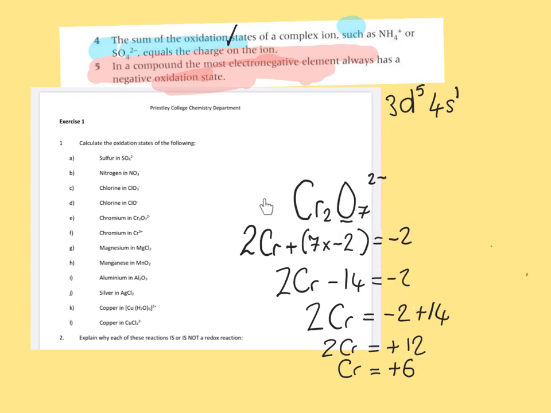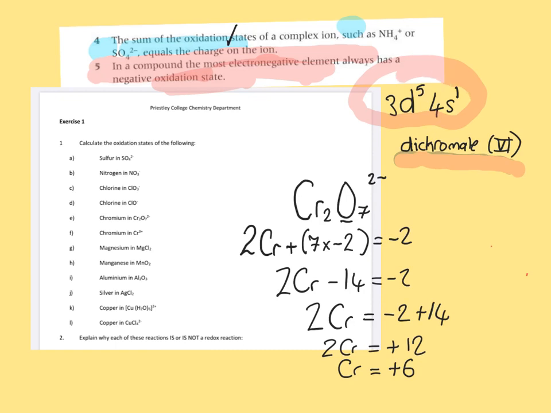So the name of this ion is the dichromate(VI) ion. Dichromate(VI) because it's sharing its 6 highest energy electrons.